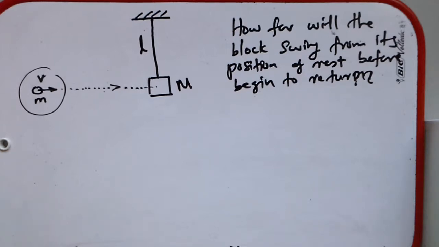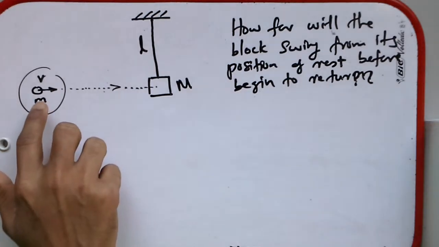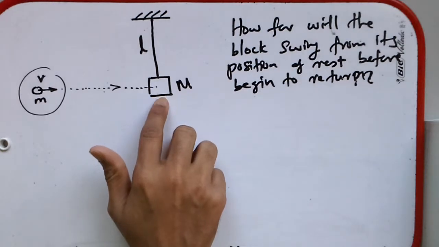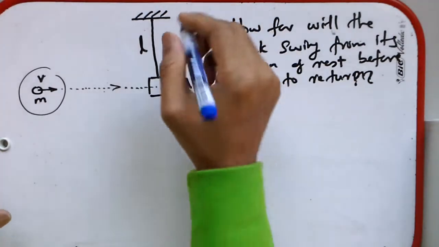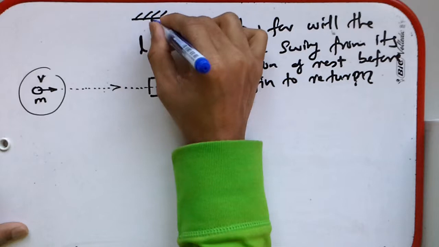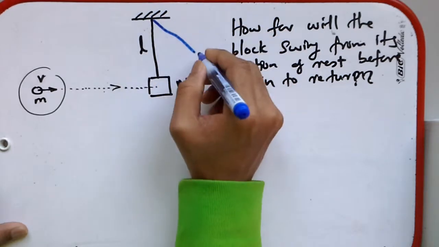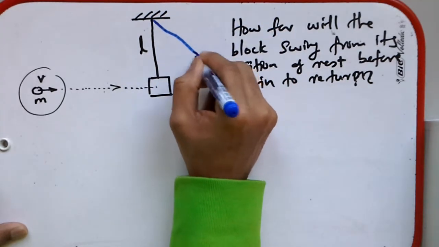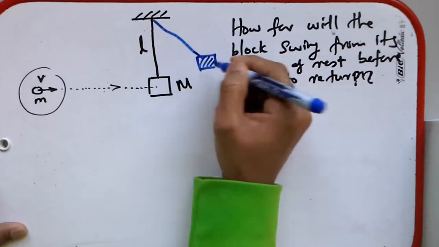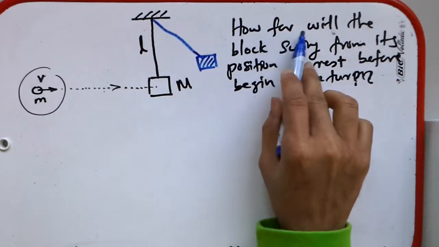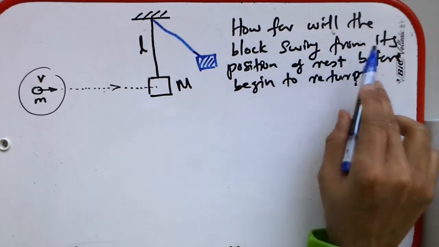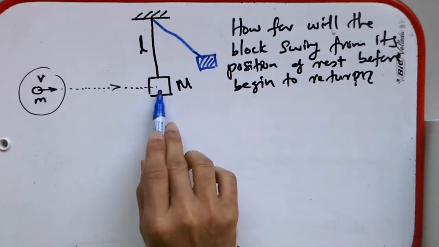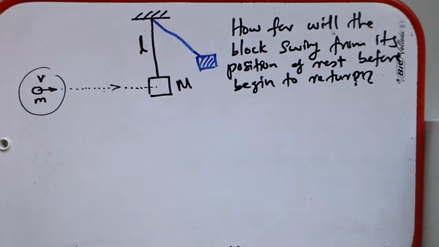When this bullet hits this big M, it starts to oscillate. So let's assume it comes to this position, something like this. The question is, how far will the block swing from its position of rest from here before it begins to return?